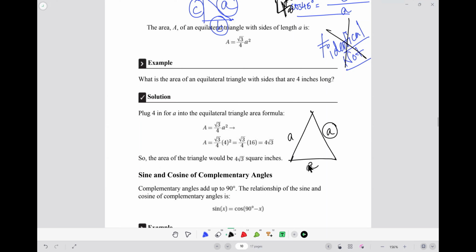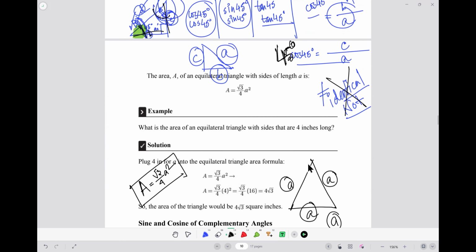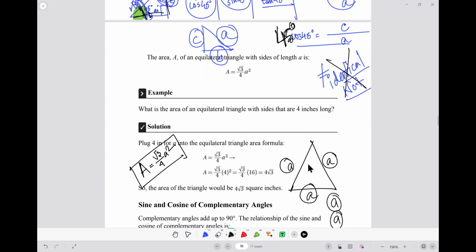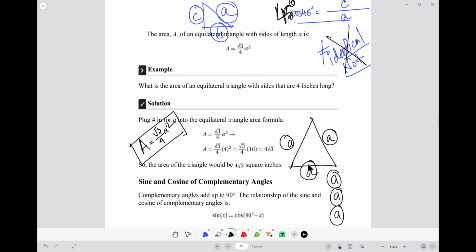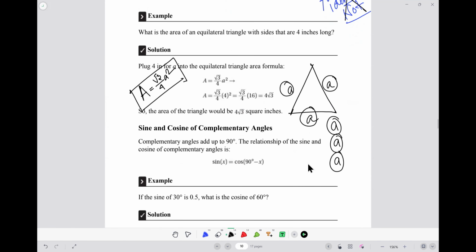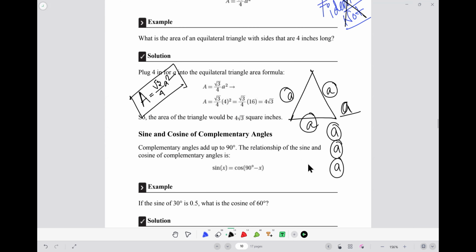This is A, and this is also A. So the area of this triangle would be A equals root 3 divided by 4 A square. Simple. This is the law of the area of the equilateral triangle. You just need to take a value for any side, and then plug in the value. This will give you the answer.